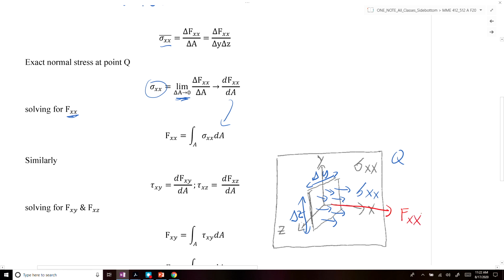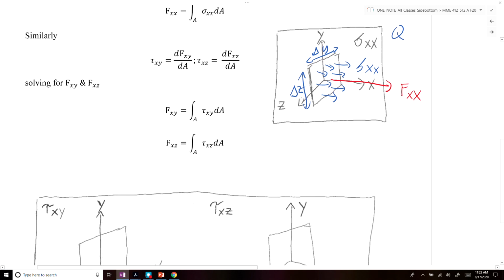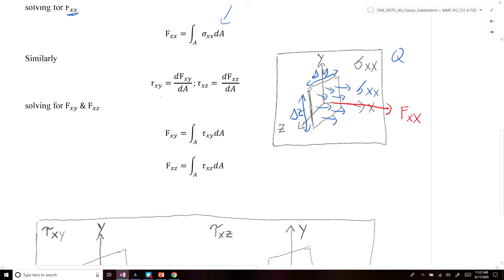In a very similar fashion, we can do the same thing for our shear stresses. We can define tau xy and tau xz using those differential terms as well.